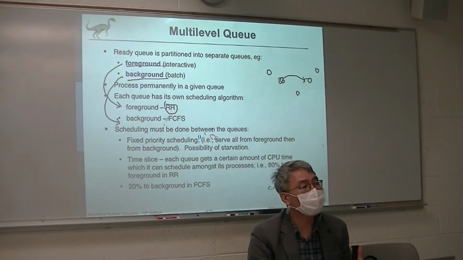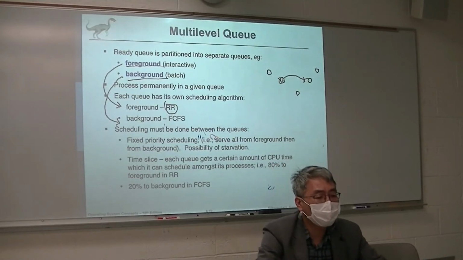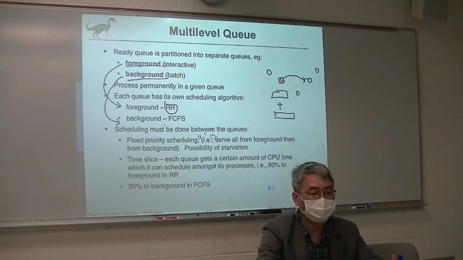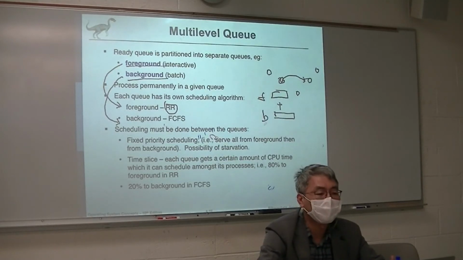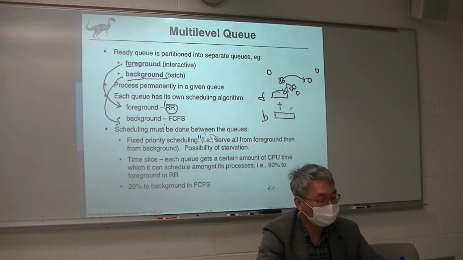To do that, why not manage, instead of one ready queue, by adding another queue. This queue is used for foreground processes, application processes. This one is used for system processes, background. Then we are going to apply round robin for this one. And on the other hand, for the background processes, we are going to assign a different algorithm, like first come, first serve.